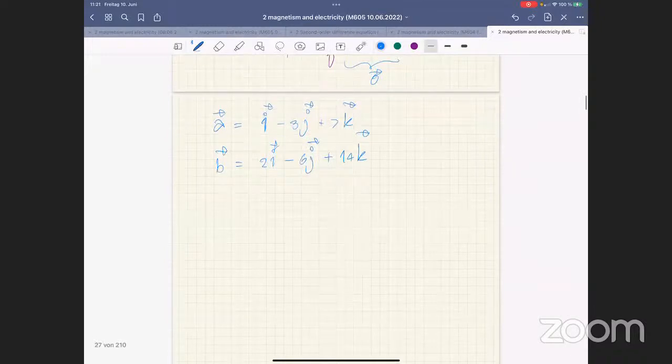So what is the cross product between A and B in this scenario?